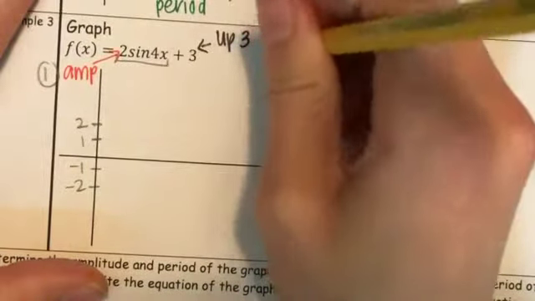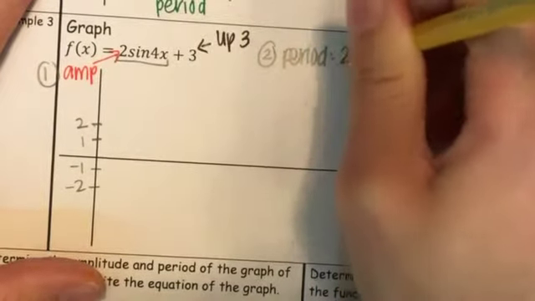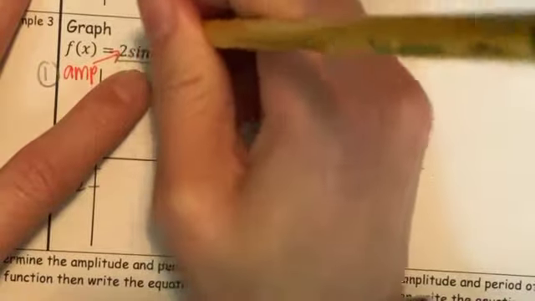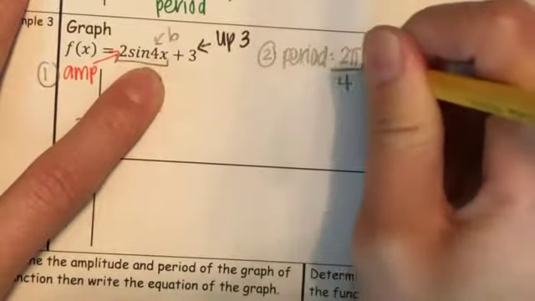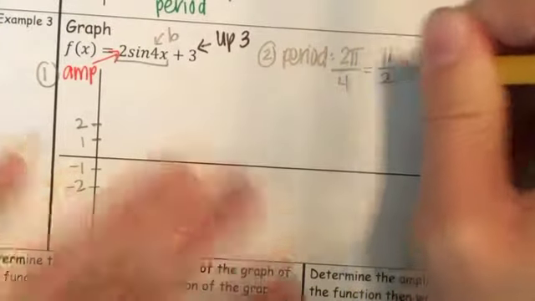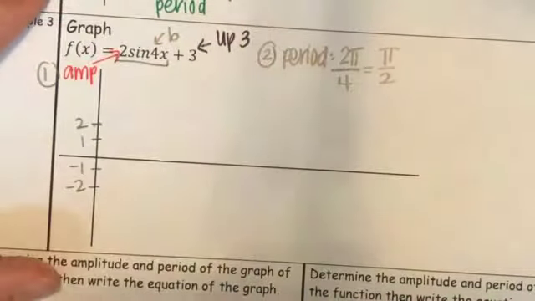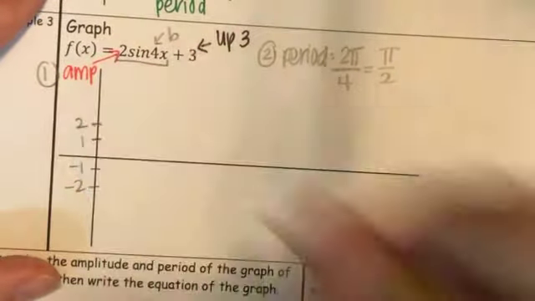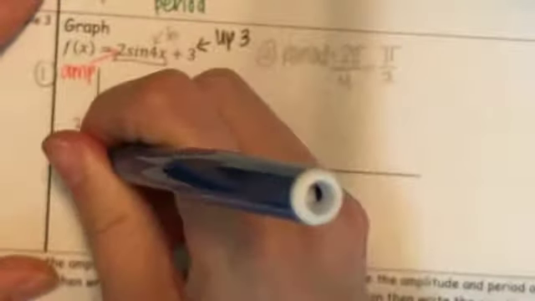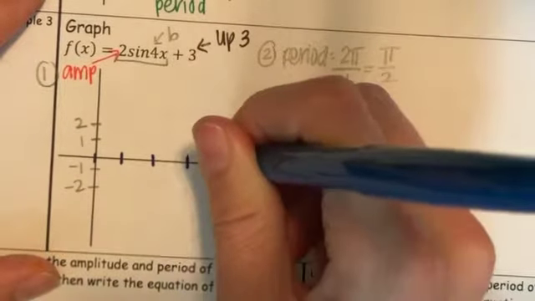Okay, so that's step 1, amplitude. Step 2, I'm going to find the period by using the formula 2 pi over the b value. My b value is 4, so it's 2 pi over 4, which when I simplify becomes pi over 2. So now when I label this out, it has a period of pi over 2, so I can use a marker here. 1 here, 2, 3, 4, 5.